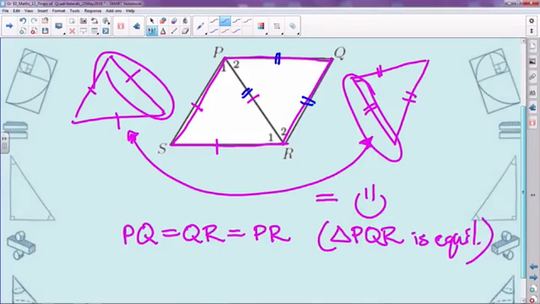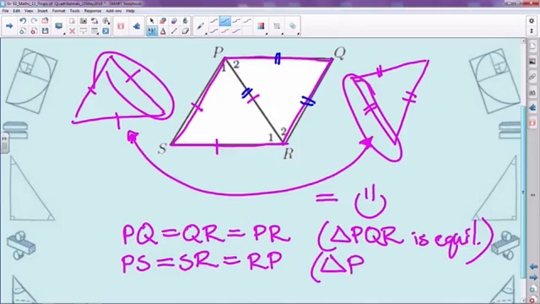Okay, so then we can say that PS is equal to SR, which is equal to PR. Oh, I'll write RP then. Why? Because triangle PSR is equilateral.